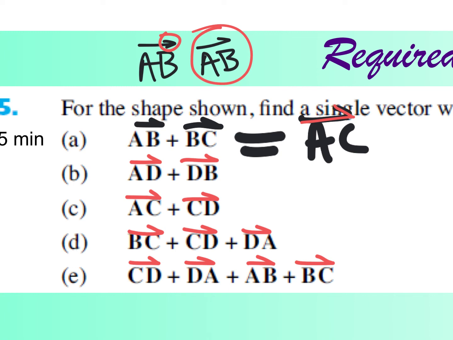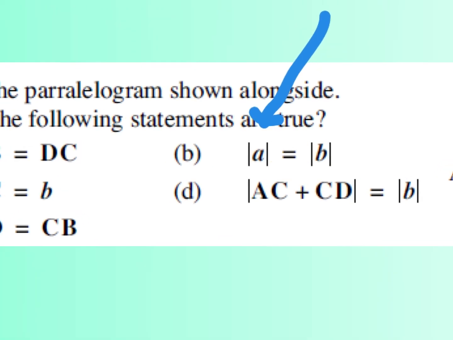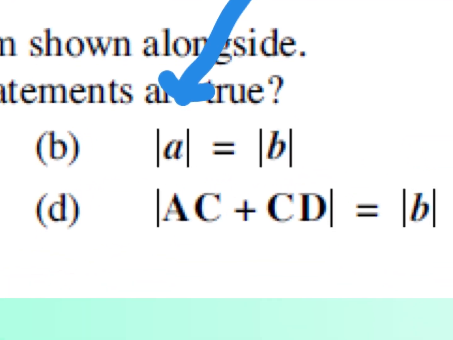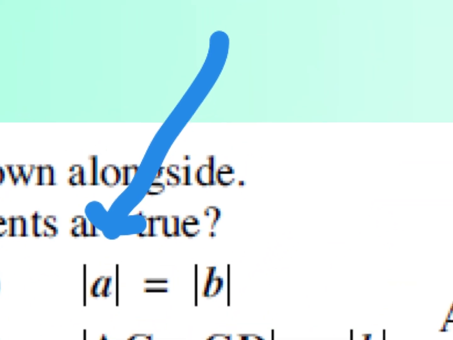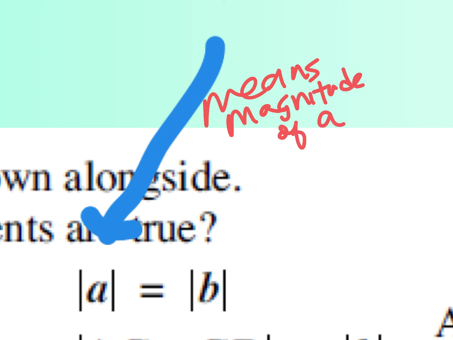Okay, I think you got the idea there. And what does this mean again? Well, that means magnitude of A. When you put the little bars around it, you're saying the magnitude is like how big it is.